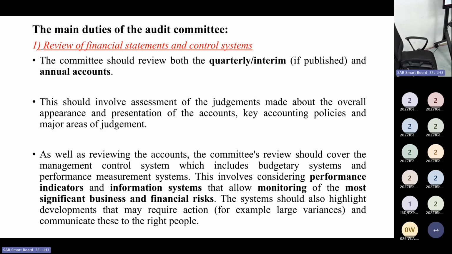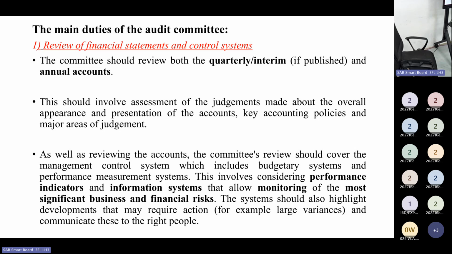This should involve assessment of the judgments made about the overall appearance and presentation of the accounts, key accounting policies, and major areas of judgment. So they need to look at how these accounts are being presented, how the accounting policies are being passed, how the accounting treatments are being done, and the major areas of judgment.